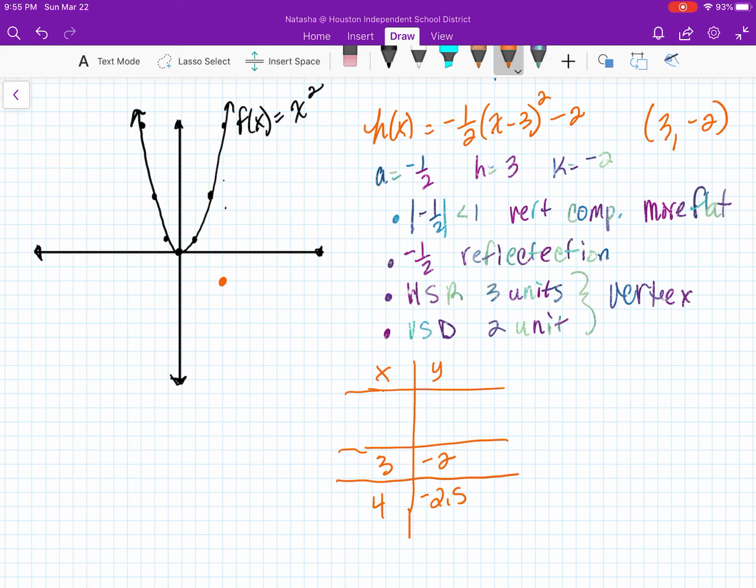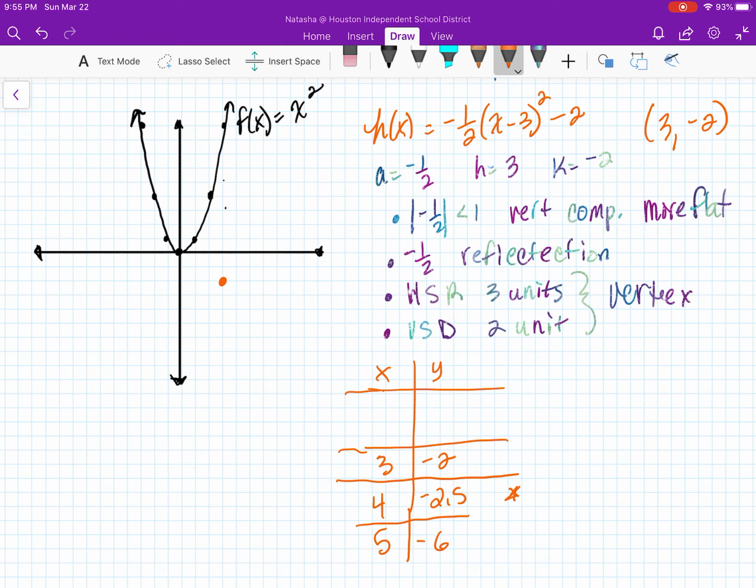But if I try 5, let's try one more. 5 minus 3 gives me 2. 2 squared gives me 4. 4 times negative 1/2 is negative 2, and negative 2 minus 2 gives me negative 4.